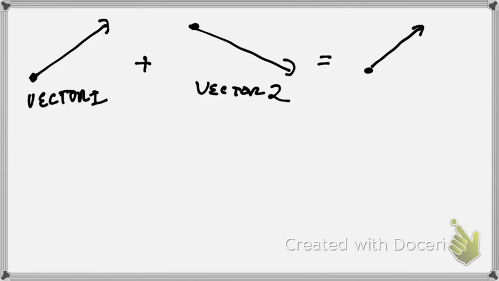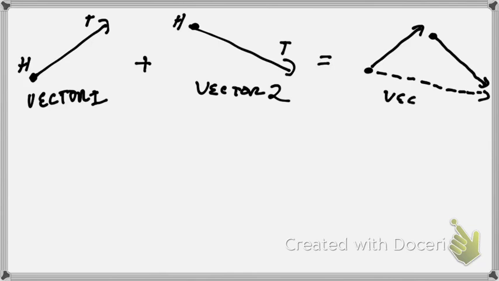Here's the head and here's the tail. Here's the head and here's the tail. So you put head to tail together, and your resulting vector is going to be vector 3.